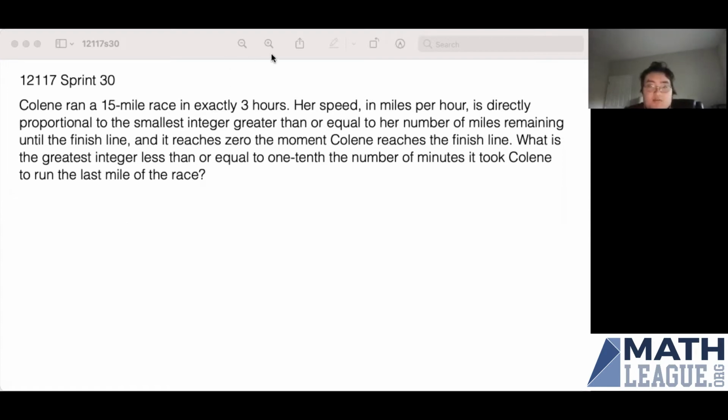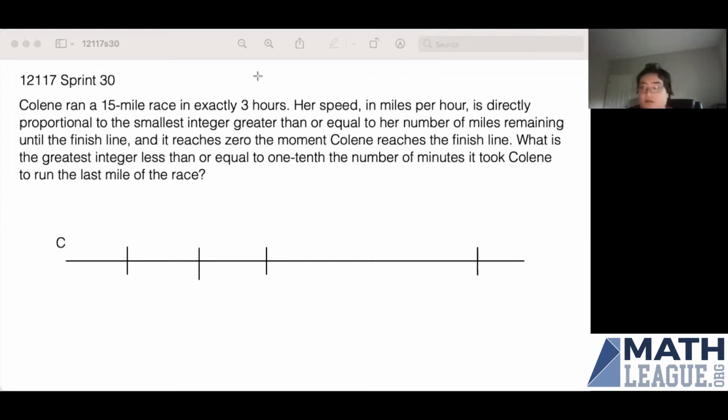So let's get a little diagram set up here. Bear with me. All right, let's draw this to represent 15 miles, right? Okay, this is Colene, starting point, and in the first mile, I'm going to put these little mile markers over here for mile 1, 2, 3. We don't really care about the rest. There's 14, and there's the end of the race, right?